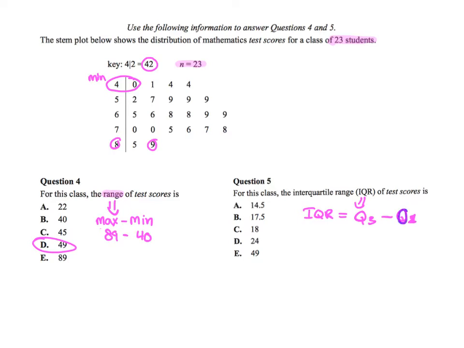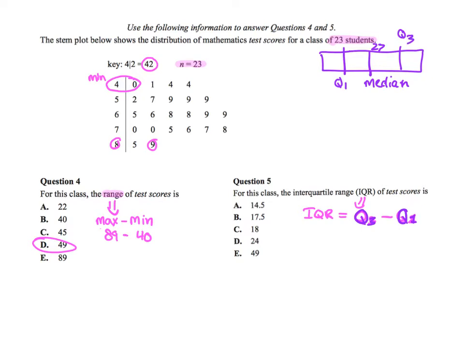Sorry. So if you remember, when we have our data, say our 23 students of data, if we split it in half, that would be the median. If you split the first half in half, that would be Q1. If I split the second half in half, that would be Q3.